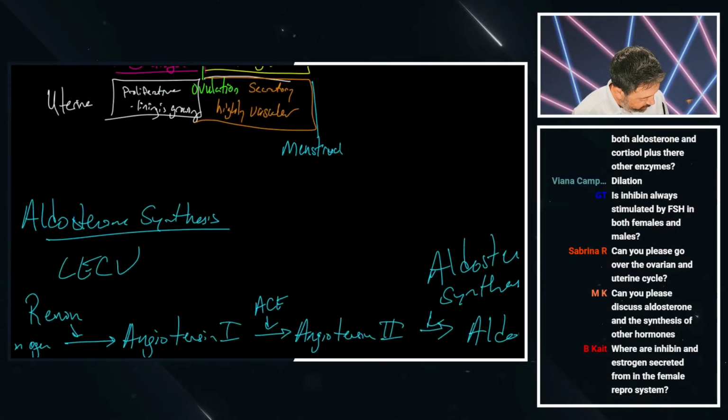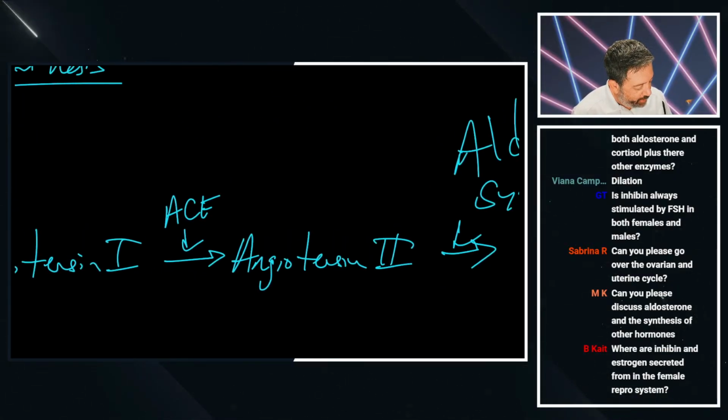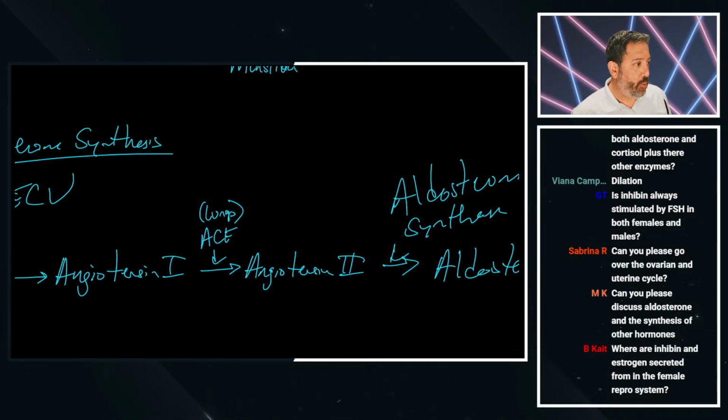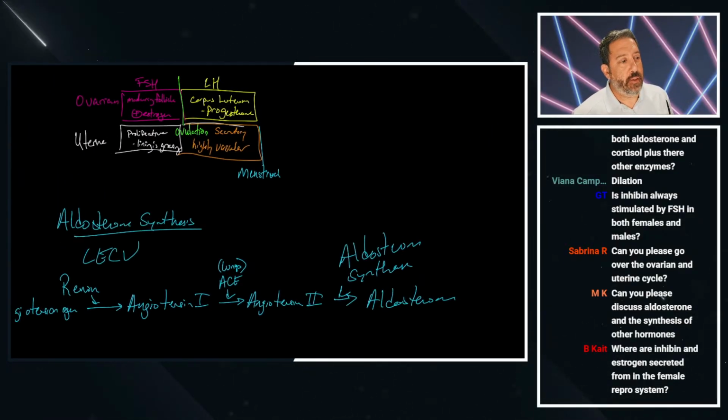Okay. Make sure you know also that ACE is mainly found in the lungs. That's where ACE is. So that is the renin, angiotensin, aldosterone cascade for those hormones.